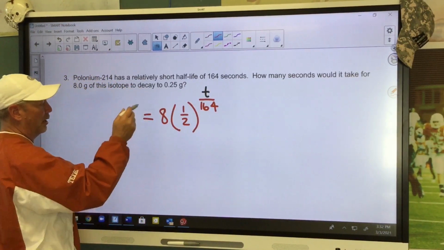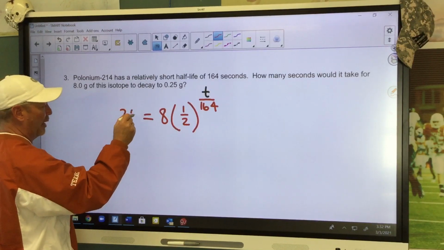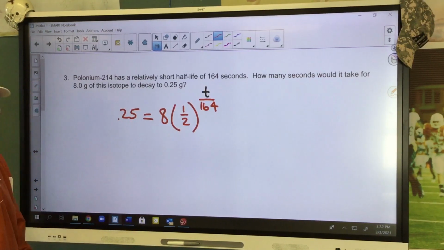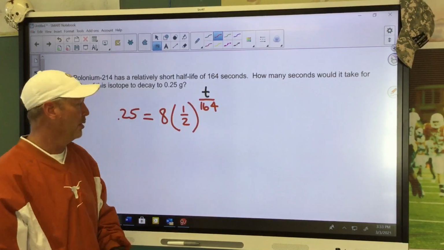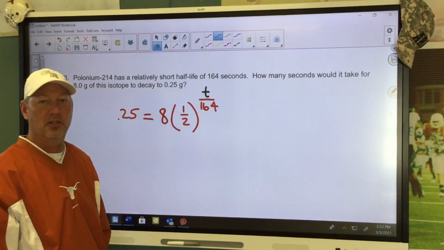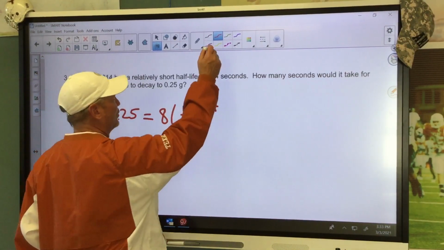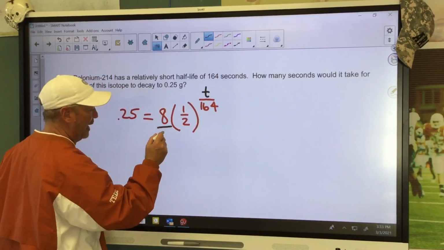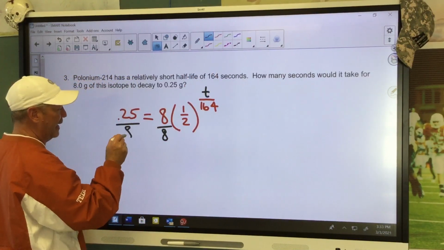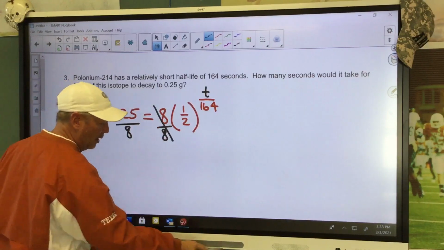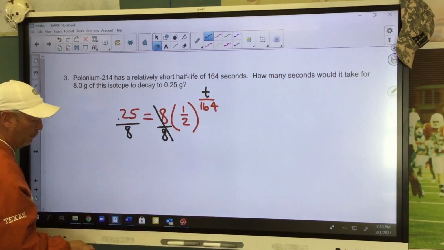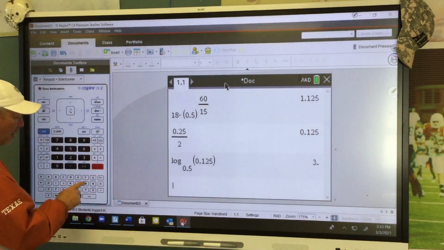And when it's all done, 0.25 grams will remain. So just like the last problem, we're going to try to isolate the exponential part. So we're going to divide by 8. That will cancel. We're going to go 0.25 divided by 8.